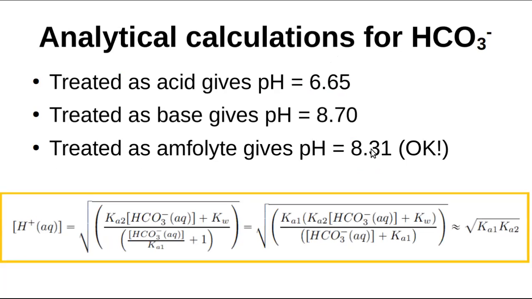Which one is the most correct? Maybe this one, or maybe none of them. But you need to do these calculations to take into account both the basic character and the acidic character of the hydrogen carbonate.